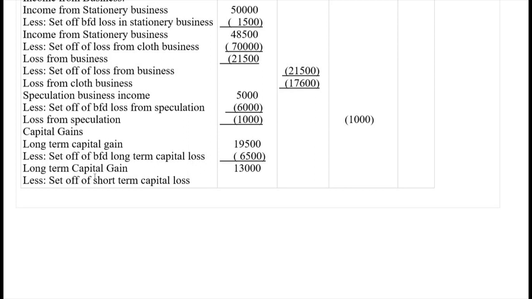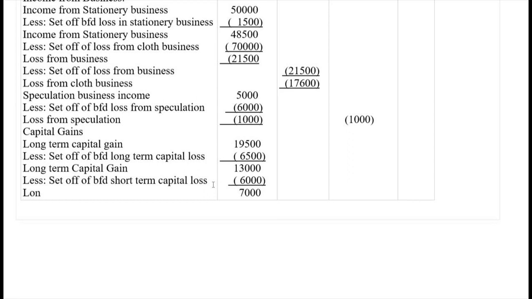So let me write here set off of brought forward short-term capital loss, which is given as rupees 6,000. So the difference here is 7,000. So this is long-term capital gain remaining.